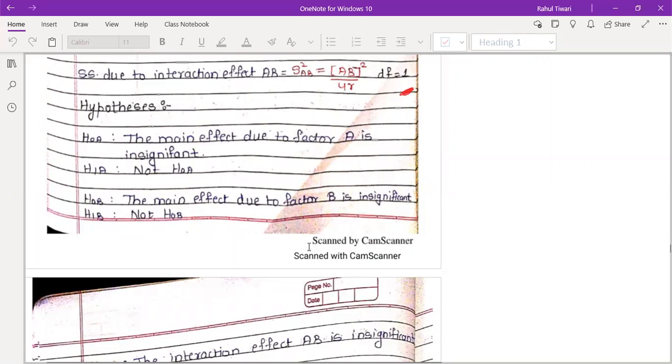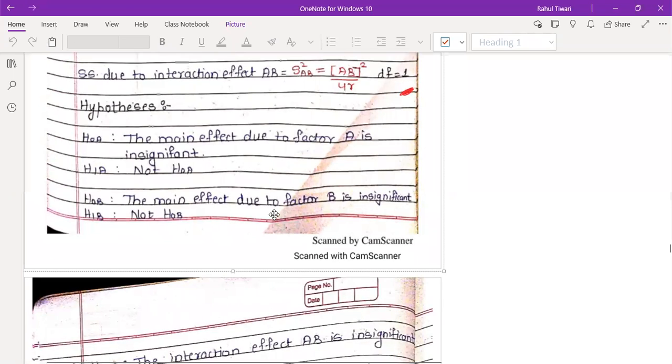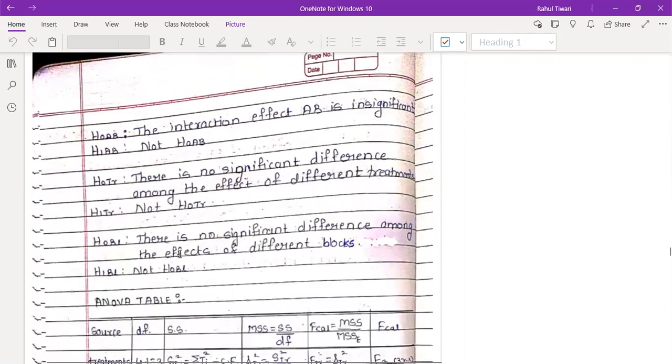That is one part. But here you are also comparing these three treatments, so there is no significant difference among the effects of different treatments also. So this is another hypothesis, and then we have the last hypothesis: there is no significant difference between the effects of different blocks also.